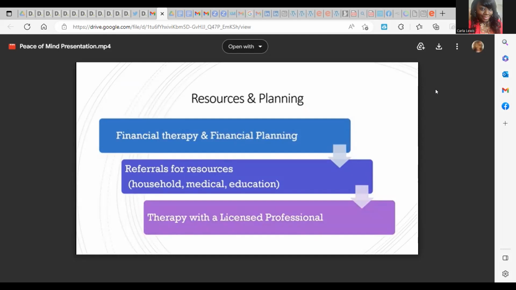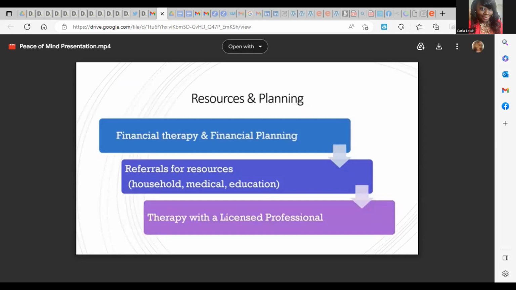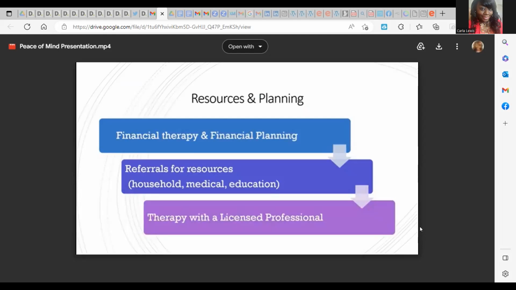Financial therapy taps into your personal thoughts, feelings, and behaviors with money. So it has a mental health component to it. We talk about the behaviors when it relates to how you handle your money. It also provides the social work aspect of finding resources, helping you plan. There's assessments involved. It's a whole thing.